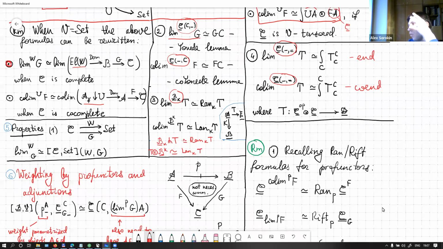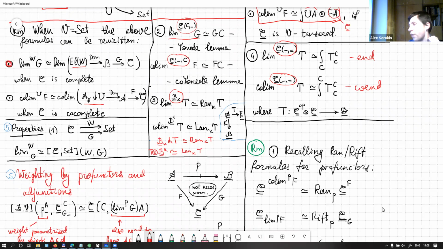Since it has C op and C, we can juggle them as many times as we want. All the weights are isomorphic, and we can pick a weight for the limit and a weight for the colimit. So taking the weight for the limit, we'll get the end, and taking the weight for the colimit, we'll get the coend. Functor T is arbitrary.